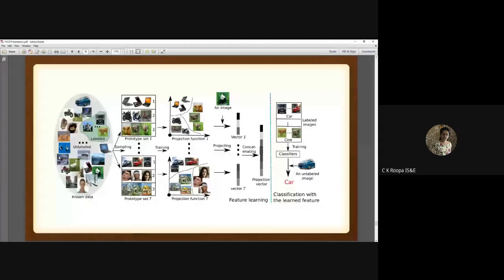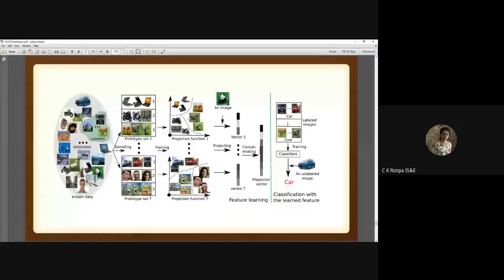Try to give the mathematical representation here, and you have a projection function. Dr. Suraj was supposed to discuss this area: this is a higher dimensional space and this is a lower dimensional space, and you can see the margins that are created in order to categorize the classes, right?